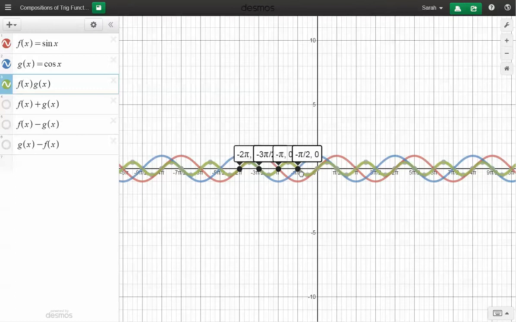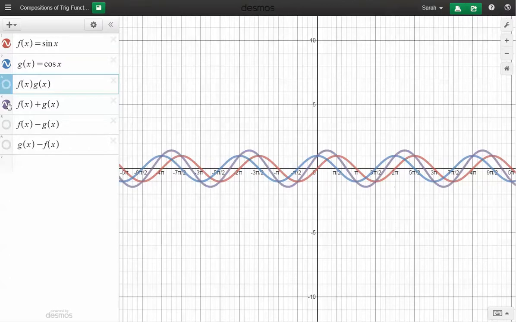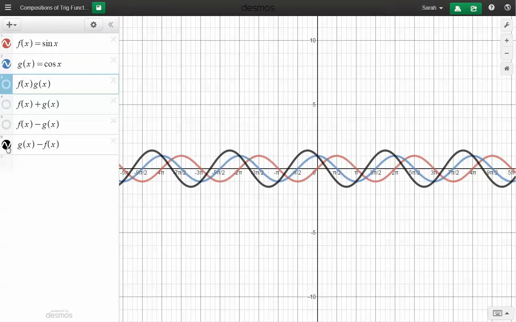And why are the zeros or the x-intercepts of the sine function involved. So we can compare things very easily looking at that. We can take that one away and look at what happens when we add the functions, or when we subtract the functions, or when we subtract them the other way.